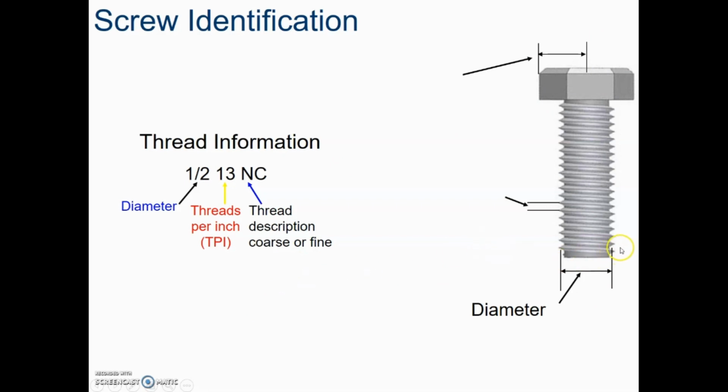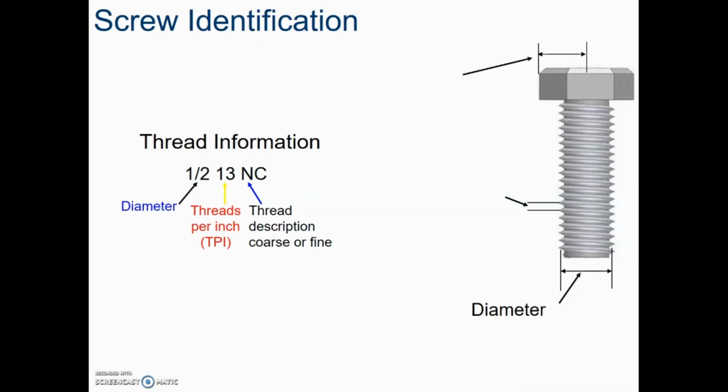So if I were to just look at an inch in my screw, I could count out 1, 2, 3, 4, 5, 6, 7, all the way up to 13 threads in that screw. So it's telling us how many threads we have per unit of length. And last but not least, we also have a thread description, whether it's coarse or fine. But we'll find out that we really don't need that information.